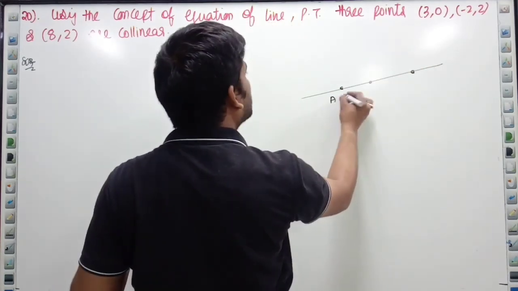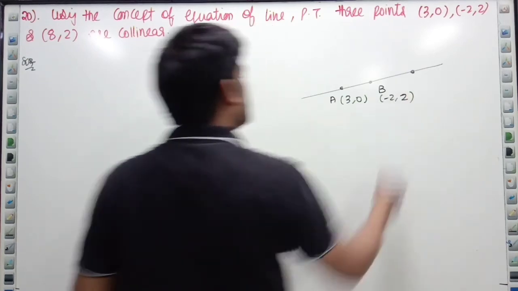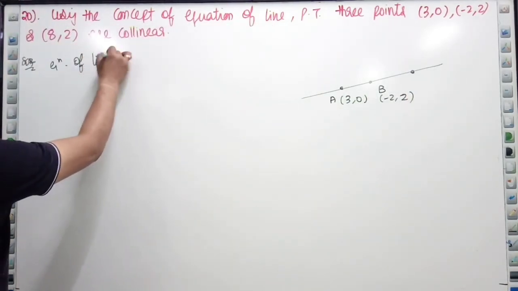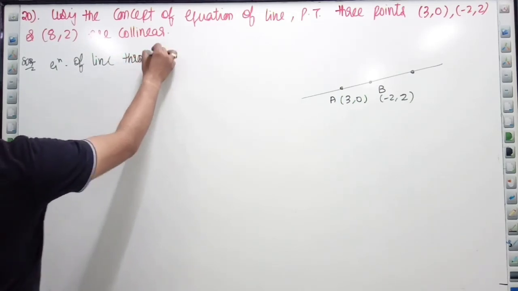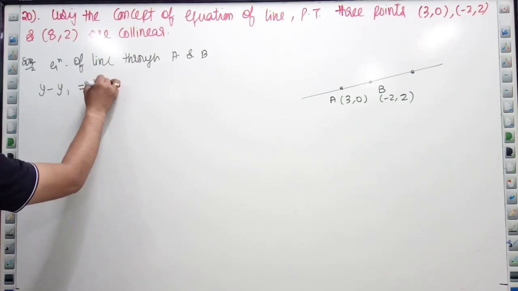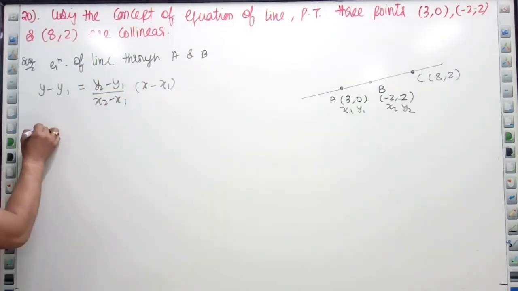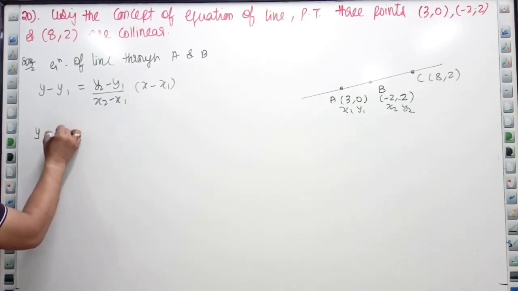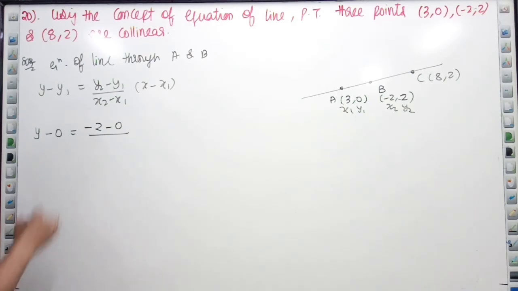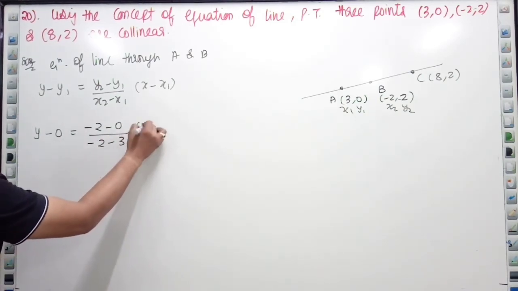As I told, the first point is 3, 0, second point is minus 2, 2. So I will find the equation of line: y minus y1 equal to (y2 minus y1) upon (x2 minus x1), into (x minus x1). y1 is 0, y2 minus y1 is 2 minus 0, x2 minus x1 is minus 2 minus 3, into x minus x1.